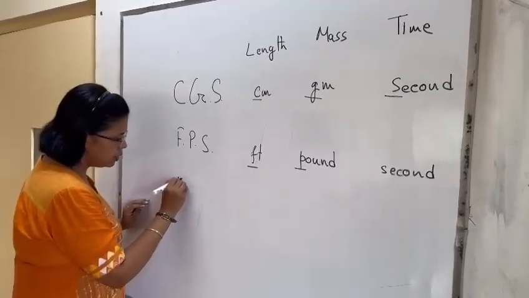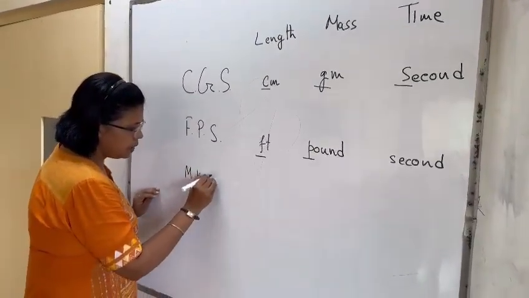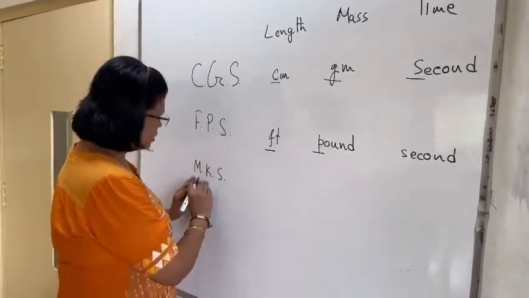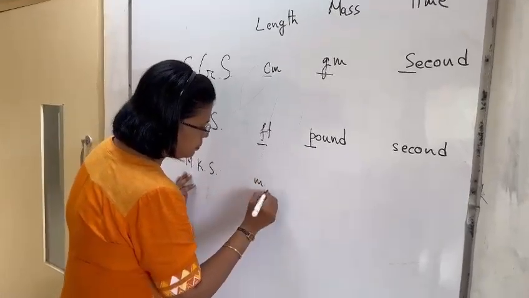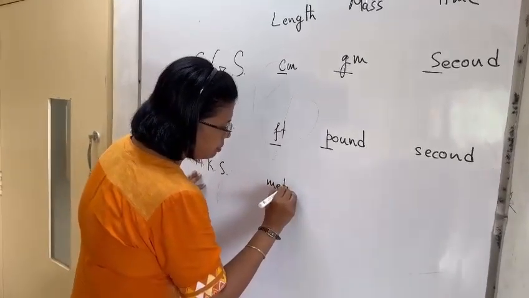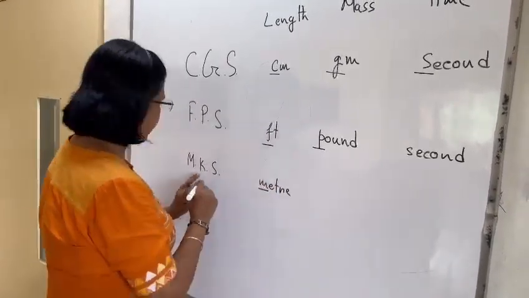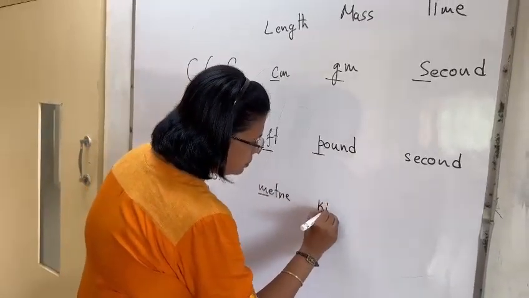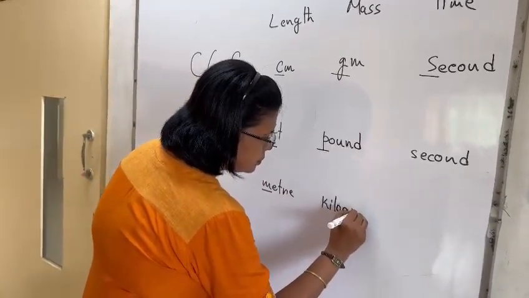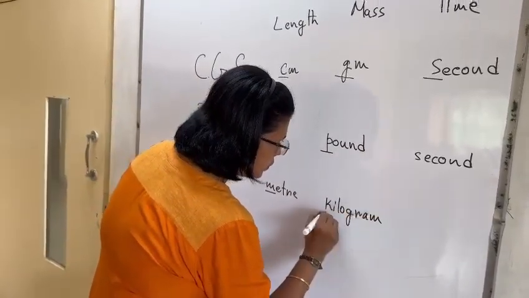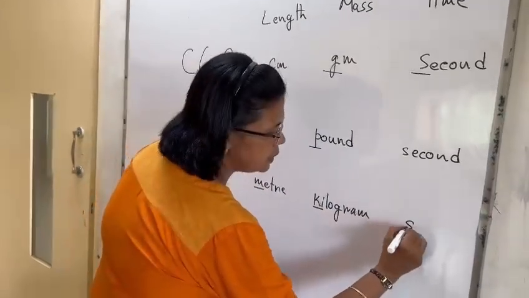And the third one is MKS. It stands for meter, kilogram and again second.